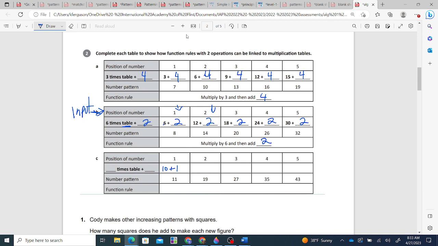See, that's not going to work. So what else you got? Don't all yell at once. 9. Okay, so I've got 1 times 9 plus 2, right? 2 times 9 is 18 plus 2 is what? That's not it. What else you got?